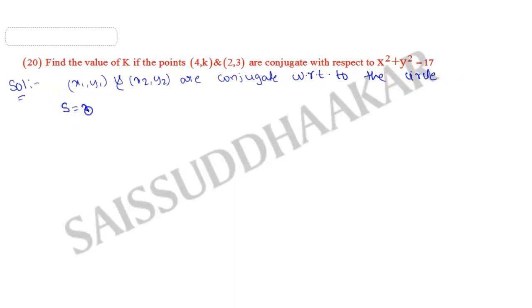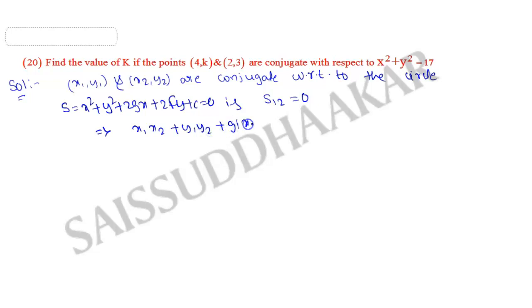For the circle S equals x square plus y square plus 2gx plus 2fy plus c equals 0, S12 equals 0. S12 equals 0 implies x1 x2 plus y1 y2 plus g of (x1 plus x2) plus f of (y1 plus y2) plus c equals 0.